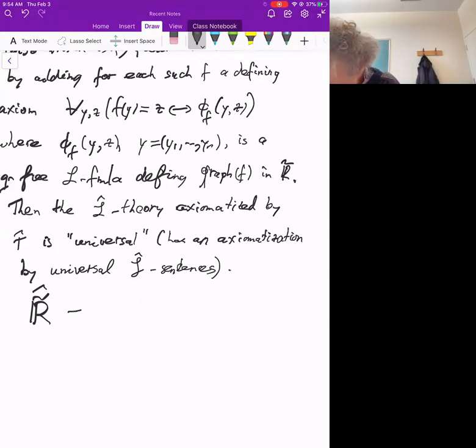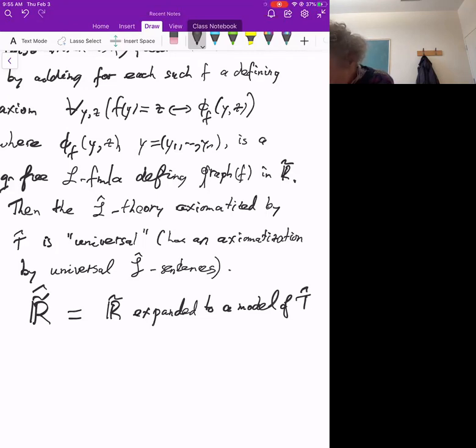It is R tilde expanded to a model of T hat.